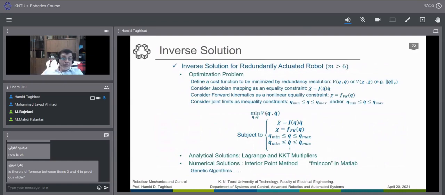And this is also not very difficult to find. If we know where the obstacle is, we can find the 2 norm of the distance of the robot to the obstacle as a cost function. I will give some examples to show how this can work. So we should define some particular cost function.